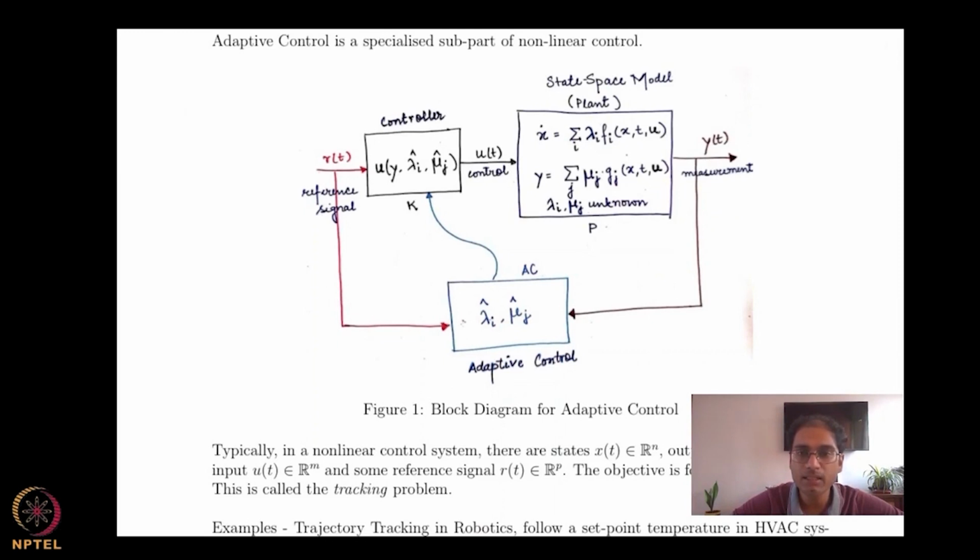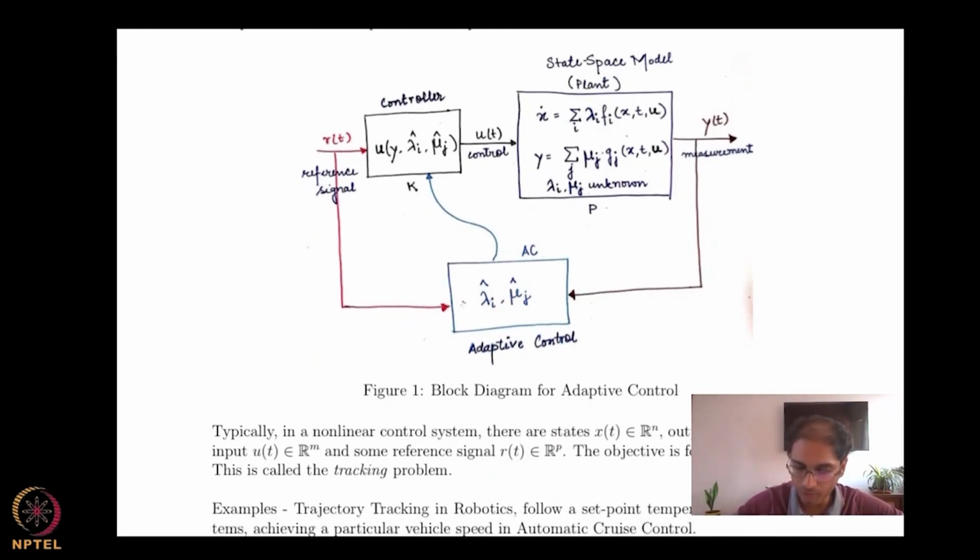The reason for this is that adaptive control helps you deal with uncertainties in the system, and uncertainties are probably the most common feature of any system. You might have a state space model, just like you see here, for the plant, which has a general nonlinear structure. In general, we assume a nonlinear structure like a summation over lambda i, f i, and so on.